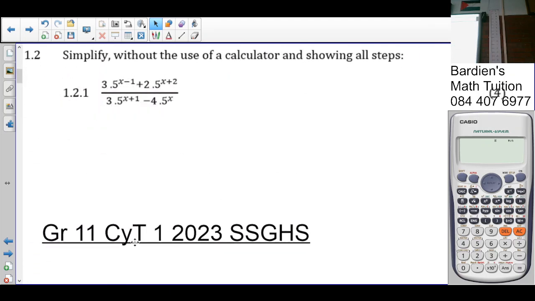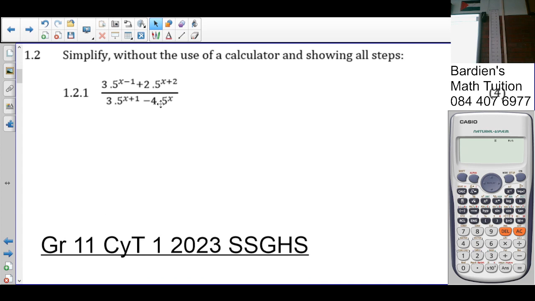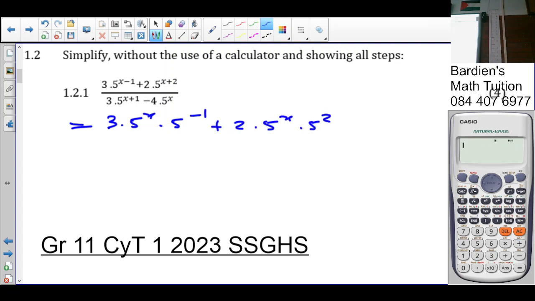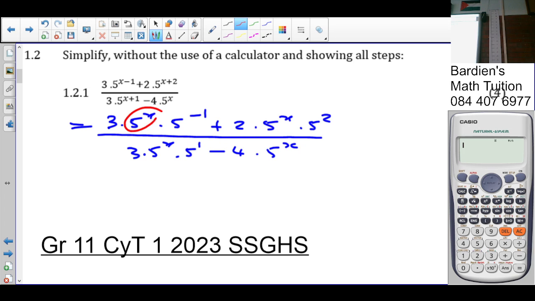The next one says simplify without using a calculator and showing all steps. Firstly, there's a plus or minus between the terms, so I must break up and factorize. So that's going to be 3 times 5 to the x times 5 to the negative 1 plus 2 times 5 to the x times 5 squared, over 3 times 5 to the x times 5 to the 1 minus 4 times 5 to the x. What do we do now? We take out a common factor of 5 to the x.